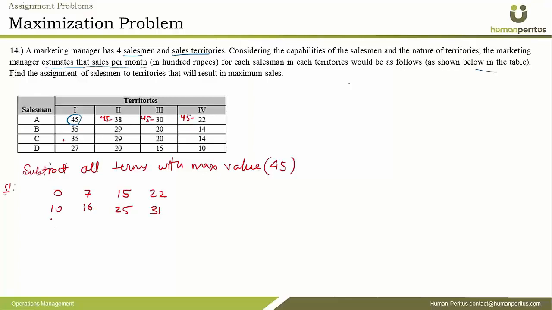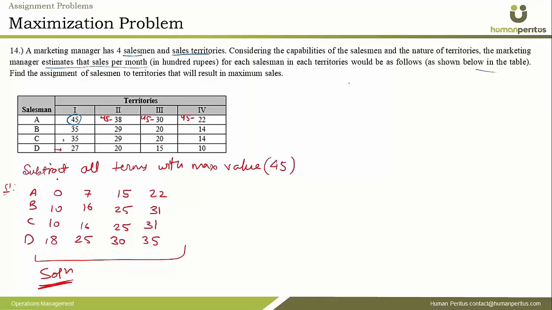I will do the same thing with this row: 10, 16, 25, 31. I will do the same thing with this row: this is 18, this is 25, this is 30, this is 35. Right. So now the solution for this matrix, this is familiar. 1, 2, 3, 4.